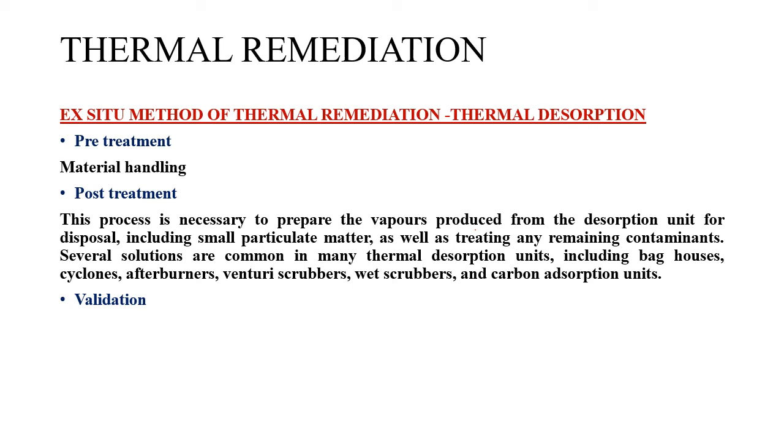Here also, once the soil is decontaminated, a validation has to be made by doing the necessary tests on the soil and identifying whether any contamination still remains. If the contamination still remains, then it will have to undergo a second cycle of heat treatment in this ex situ thermal desorption unit.